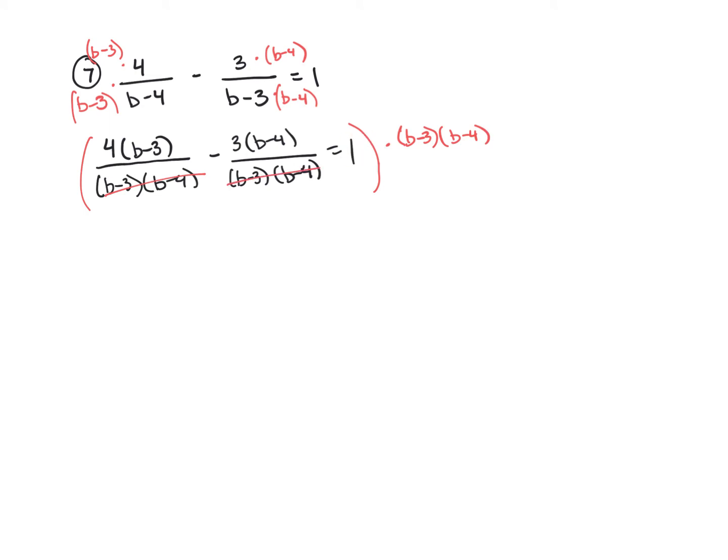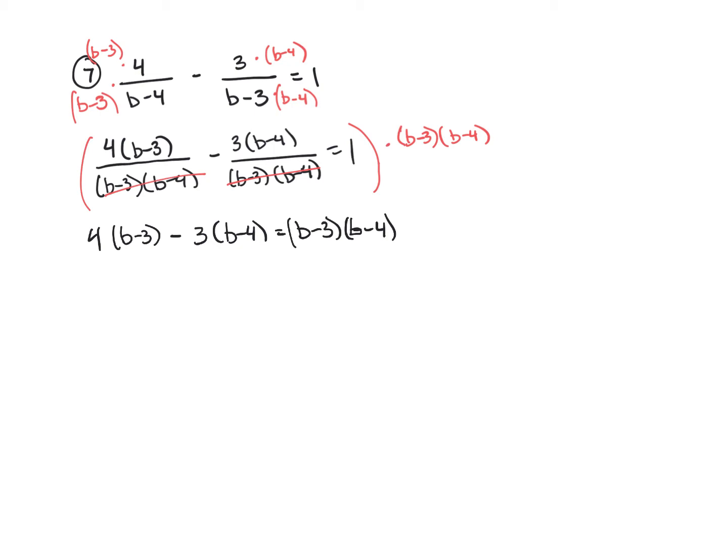And then I have this 1 times this stuff. So this doesn't cancel out on my right side. So this is going to end up being 4 times b minus 3 minus 3 times b minus 4 is equal to that right side. So 1 times b minus 3 times b minus 4. And since 1 times anything is that anything, we just end up with b minus 3 times b minus 4. So from here, we're already done with our fractions, only a few steps in.